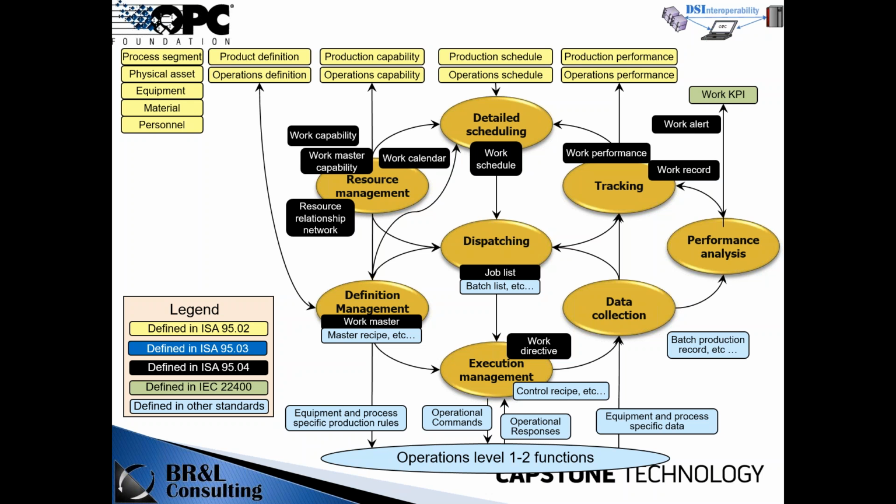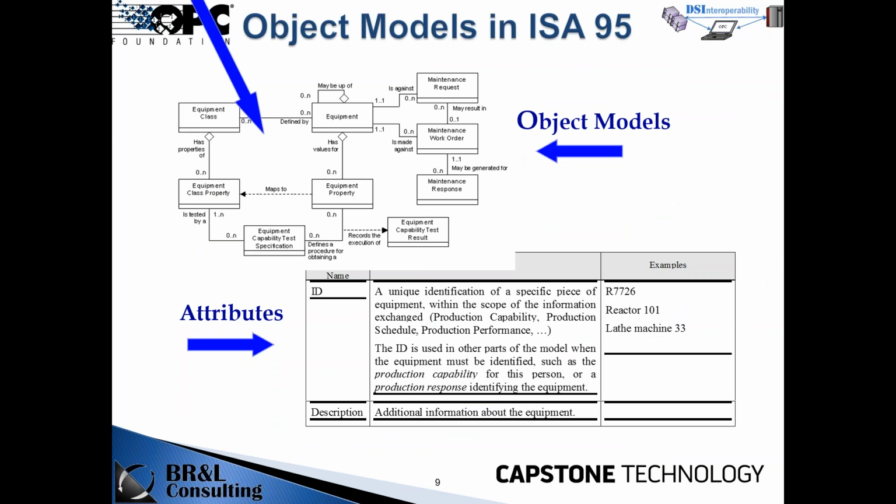There are the ones over on the side: the process segment, physical asset, equipment, material, and personnel. Those are the underlying pieces of information used to make up the other pieces. They're the underlying terminologies, dictionaries, and words that you use inside your facility to do communications.